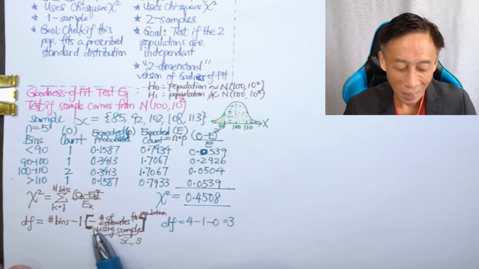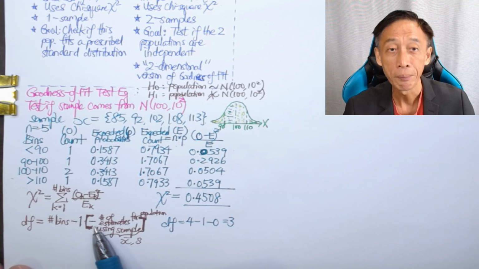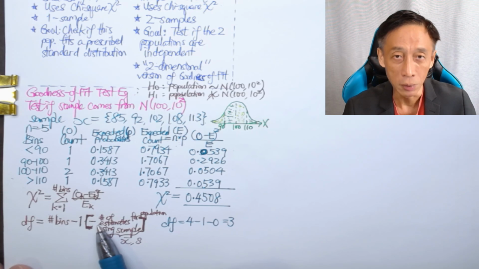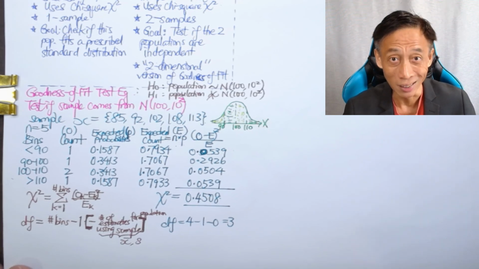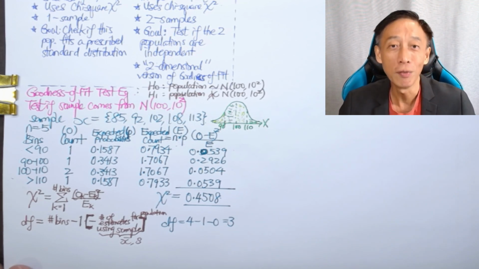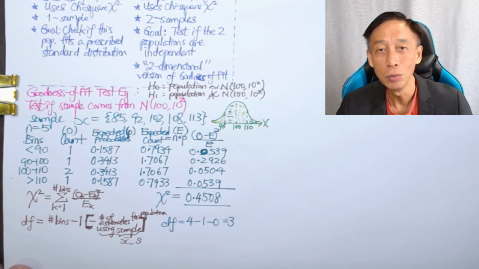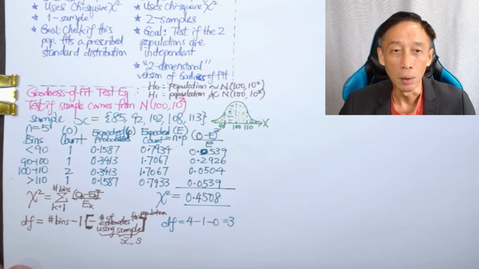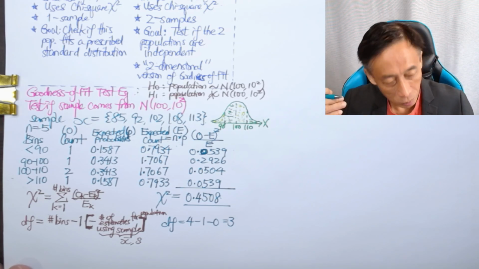When you have a penalty in DF, remember in the 2 population means test with unpaired samples, right? With small sample sizes, one way to deal with it is to use the Welch-Satterthwaite formula to downgrade our DF. So our DF was calculated to be n1 plus n2, minus 2, right? Using the Welch-Satterthwaite formula, we're going to subtract some more, right?